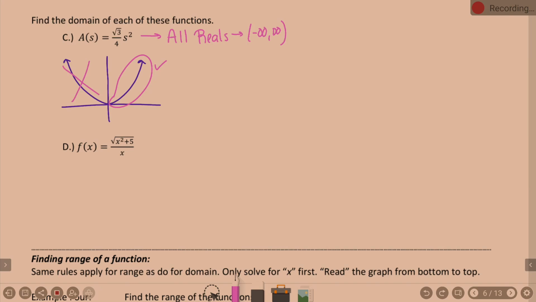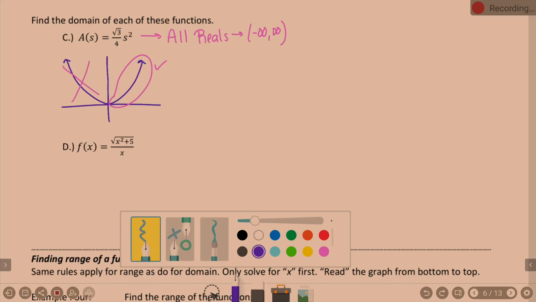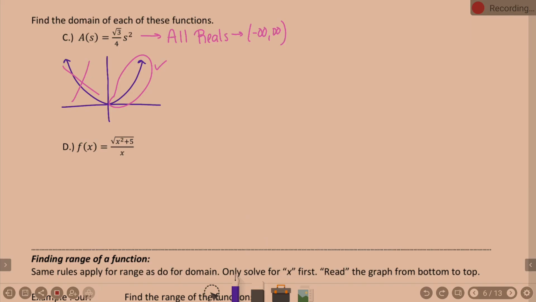Okay? So I'm going to write out this formula.